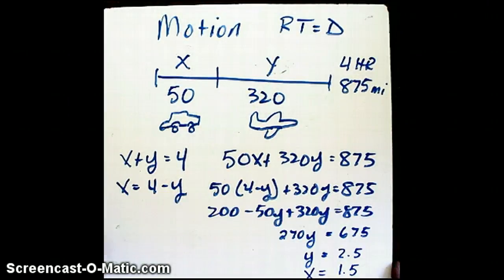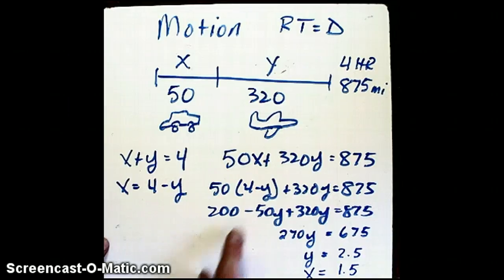Okay, so what I did is I substituted that in, I multiplied it out. 270y is equal to 675, y is 2.5, and x is 1.5. Remember, they're times, so they're hours. Question, how long did it take to get to the airport? That would be the x, which is 1.5 hours. Now, it's tough, but you got to kind of dig down and try to work through it.